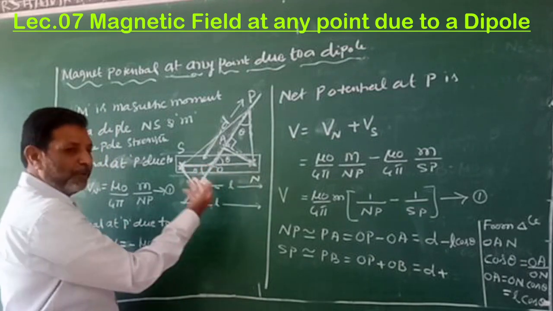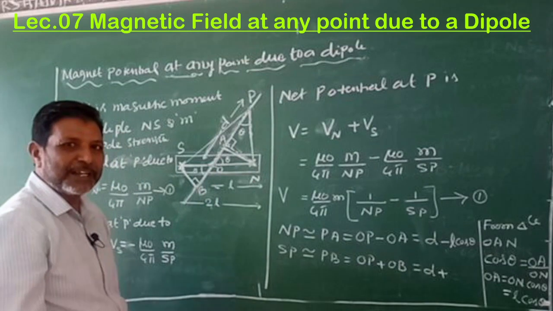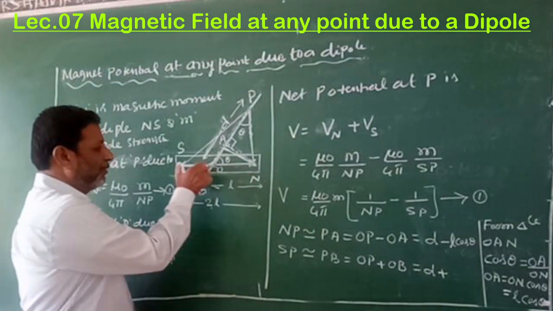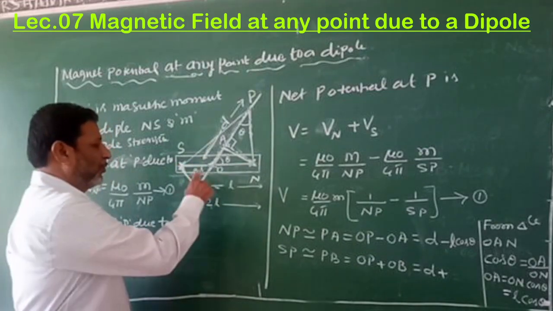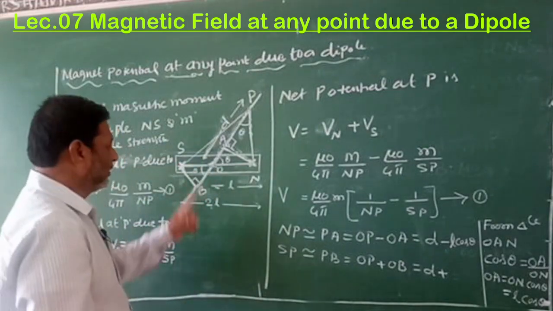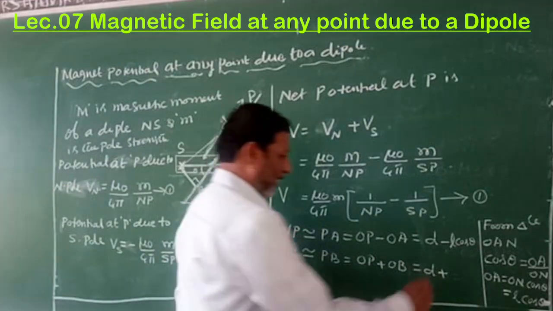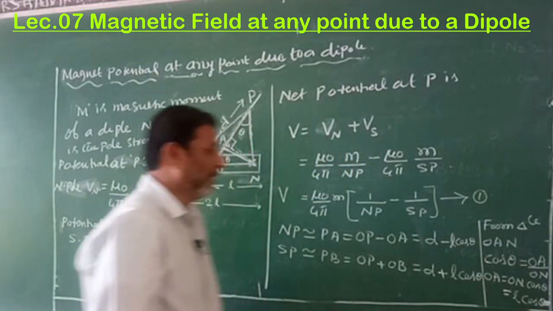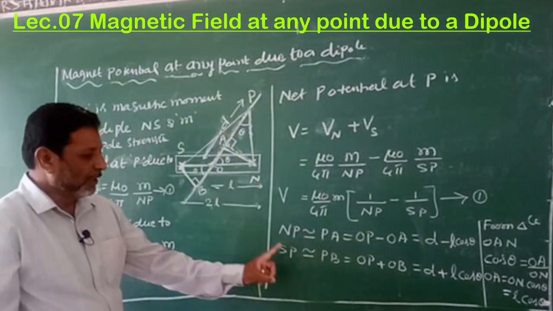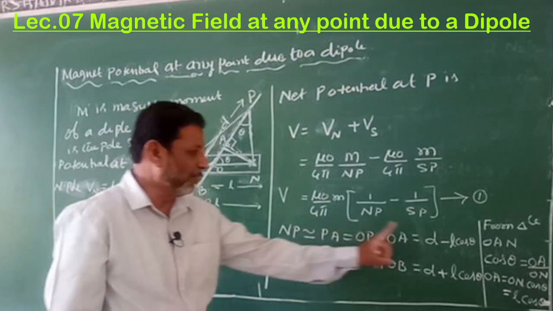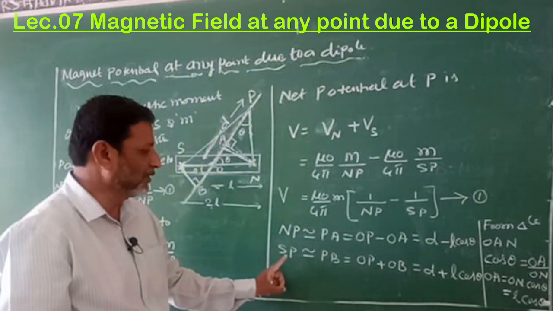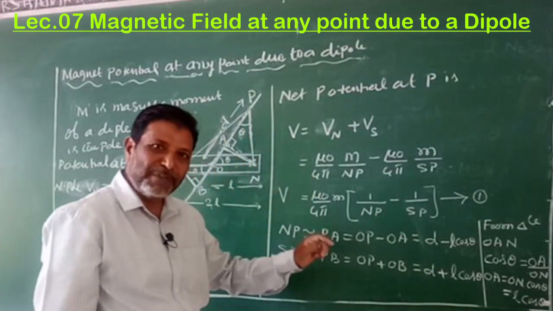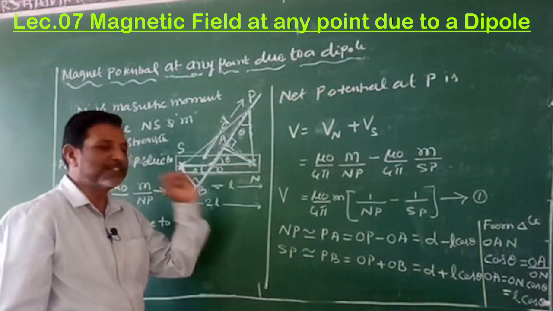In any right angle triangle, cos theta is equal to adjacent side divided by hypotenuse, so from this you will get L cos theta only. Now you have got the values of NP as well as SP. These two values you substitute and simplify, then you will get the net potential.